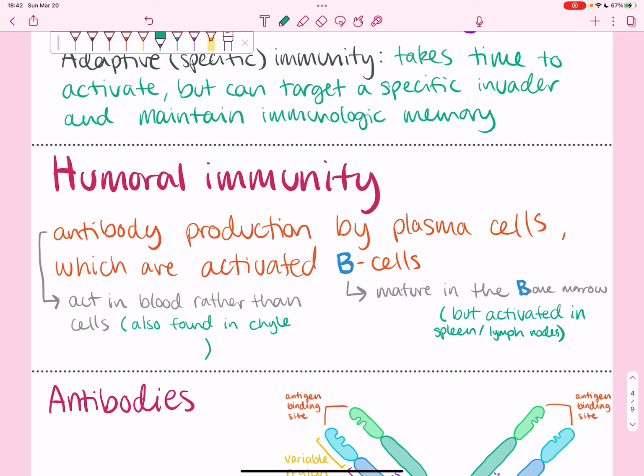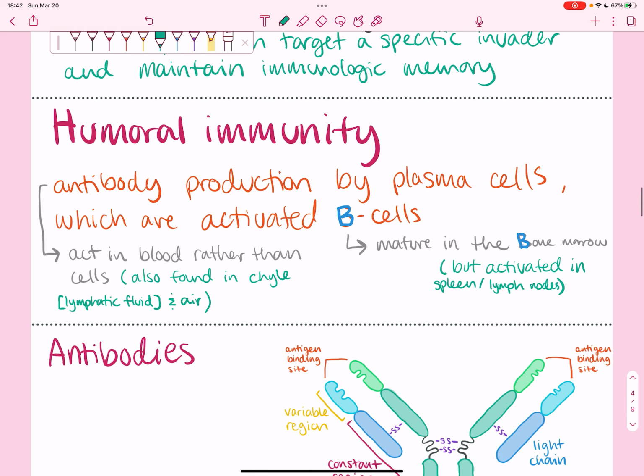I'll write that. Lymphatic fluid. And also antibodies can be found in the air.